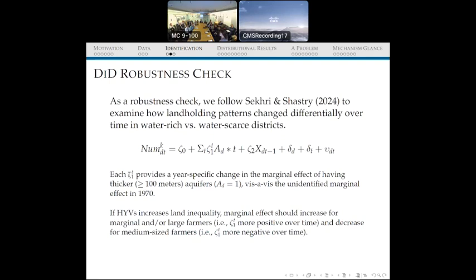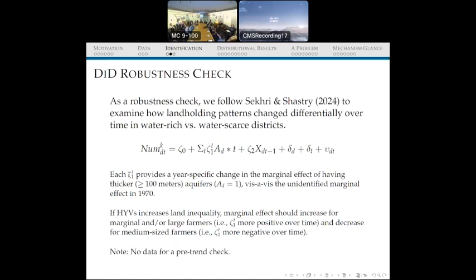Additionally, as a robustness check, I'm going to use an event study or a diff-in-diff style check to look at how the importance of aquifer thickness changed over time for these same outcomes, the number of farmers under a certain land size or the share of land going to those farmers. And this is following a paper that just came out in AEJ Applied, as well as some other papers before it that do similar exercises.